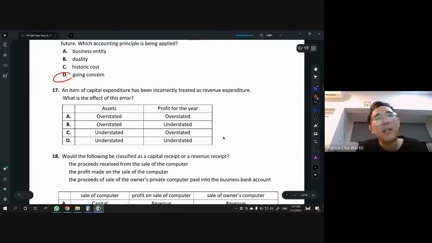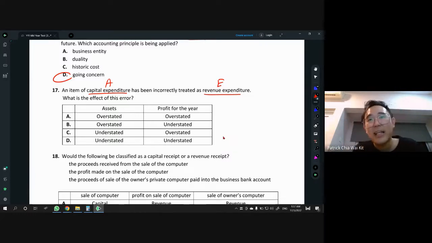All right, 17. An item of capital expenditure. What do you mean by capital expenditure? This is actually an asset, a non-current asset, that has been incorrectly treated as revenue expenditure. Revenue expenditure by another name means expenses. Something that is an asset but has been treated as an expense.